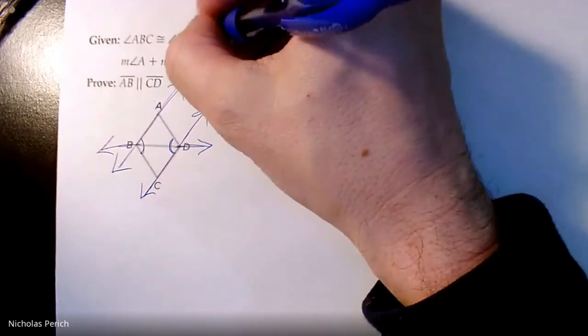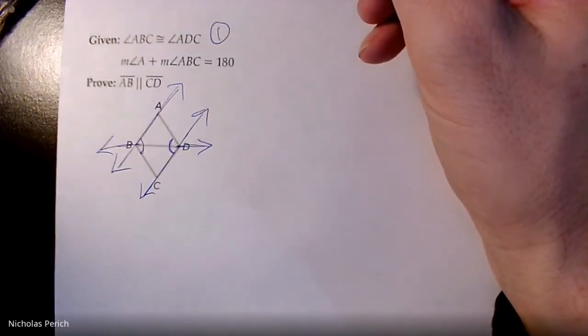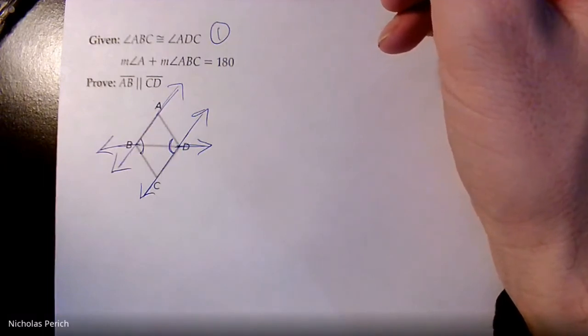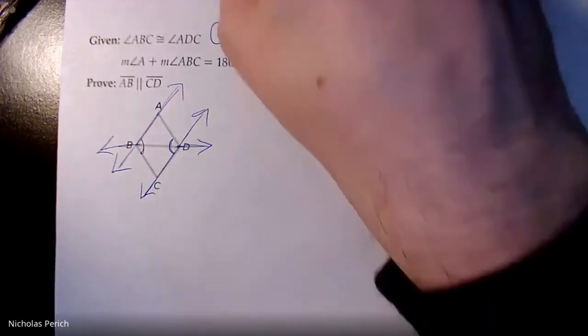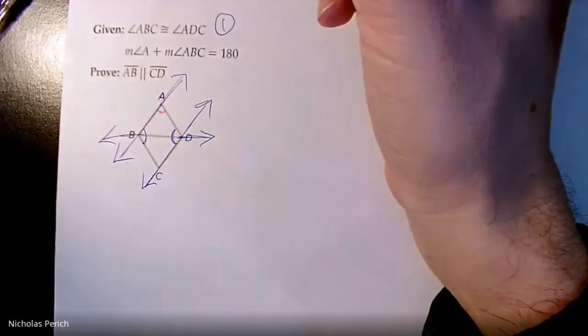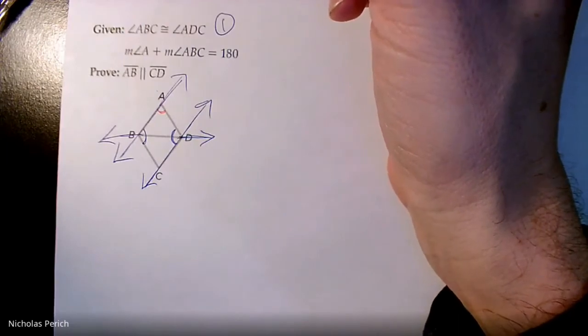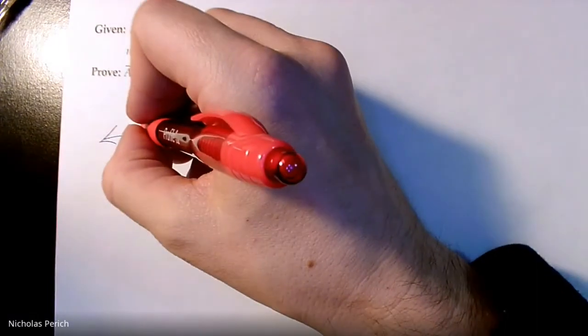There's my given. Also, I have this information that stuff equals 180. Hopefully, that will help me out in some way. Angle A plus ABC is 180.